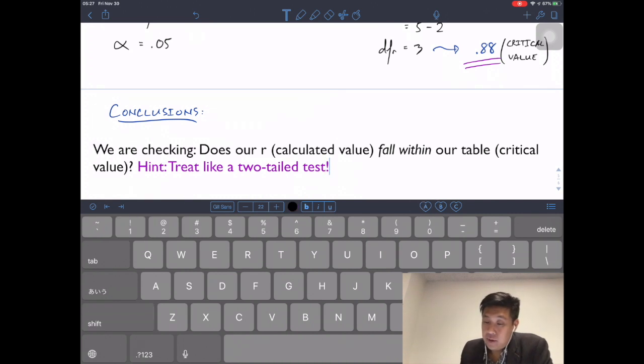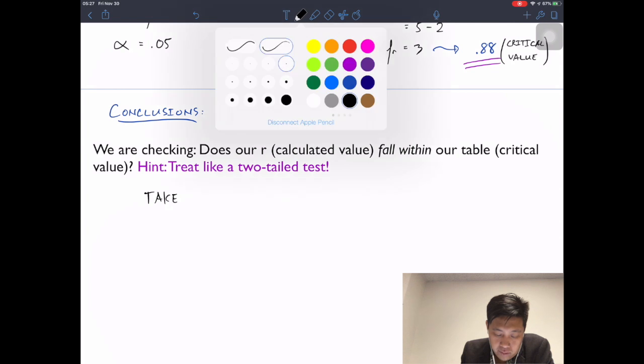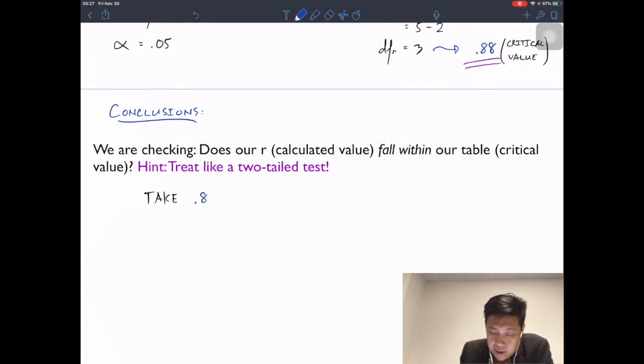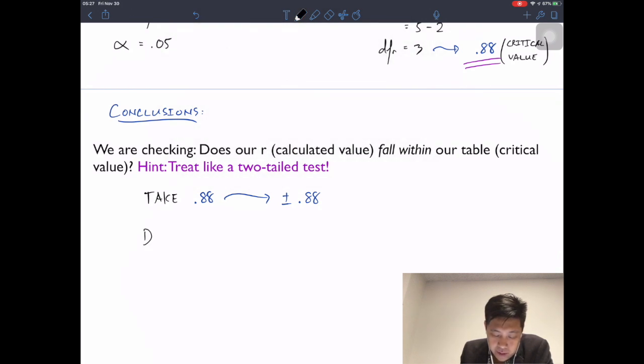Okay, so this is what we're doing. In other words, we take the 0.88, and then you're going to make this a plus or minus, because two-tailed, right? Both sides. Then we're going to ask ourselves, does R fit within this range?